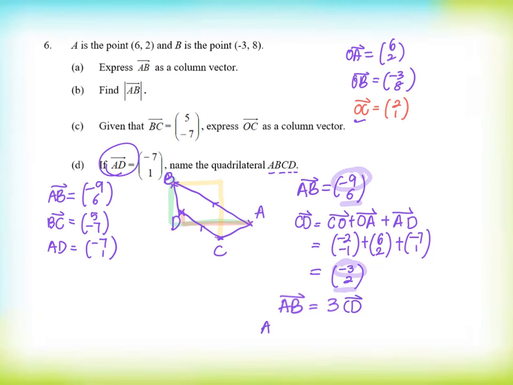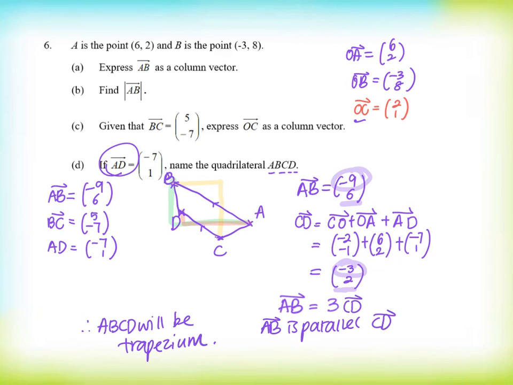Hence, AB is parallel to CD, but they are of a different length. They are not equal in length. So if that's the case, then ABCD will be a trapezium.